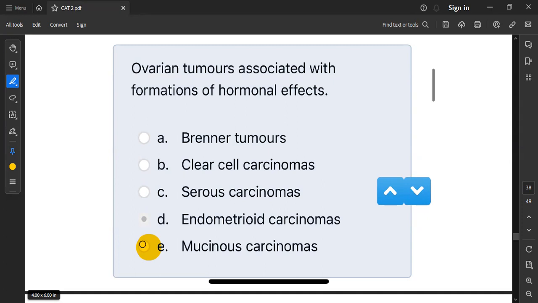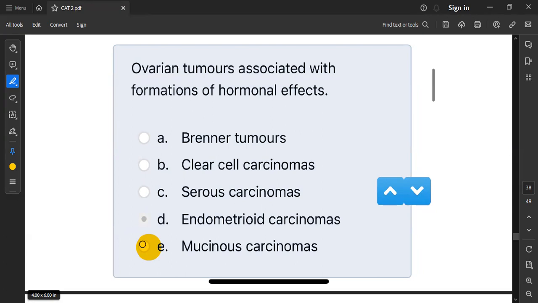For Brenner tumors, points to note are it is very rare and peaks around the age of 40 to 60 years. Under a microscope, it appears similar to the transitional cells of the bladder, the urothelium, with circular patches of cells with coffee bean-like nuclei.